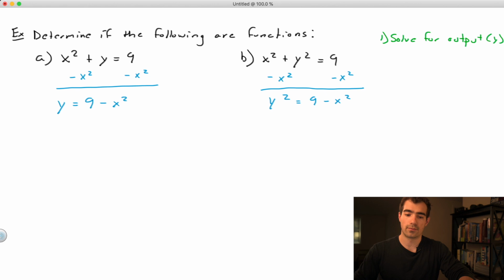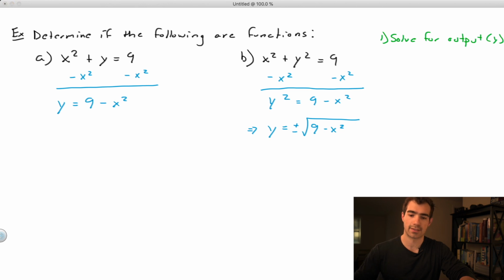Now, what you'll have to remember here is that when we take the square root of a value, that has both a positive version and a negative version, right? So we would have to consider both the positive square root of 9 − x² and the negative square root of 9 − x², right?